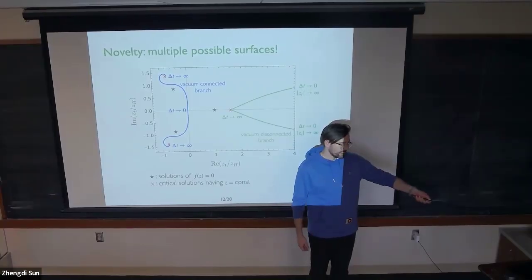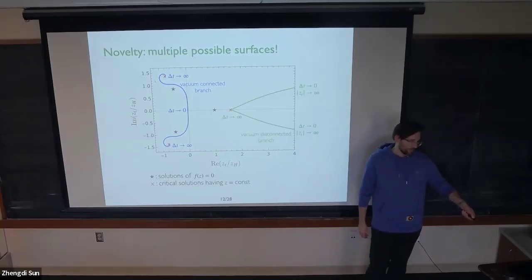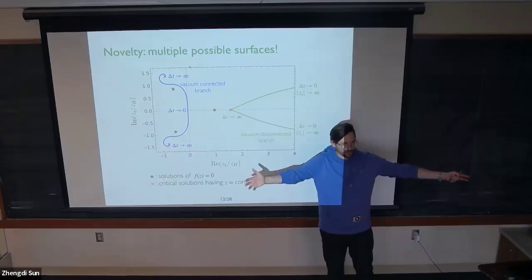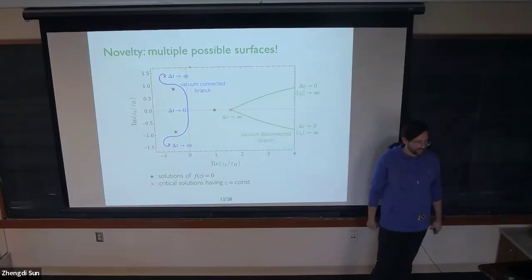And indeed, this vacuum connected branch is precisely such that when you are probing short separations, you are residing in the vicinity of the asymptotic boundary, and when you make separations bigger and bigger, you go deeper and deeper into the bulk. And then at some point, there appears the so-called critical surface, the surface that does not connect with the asymptotic boundary, along which your solution basically aligns more and more, right? That's going to give the large time separation limit.